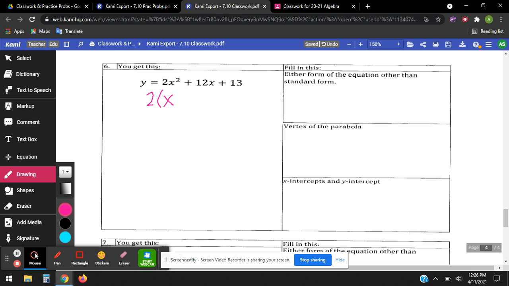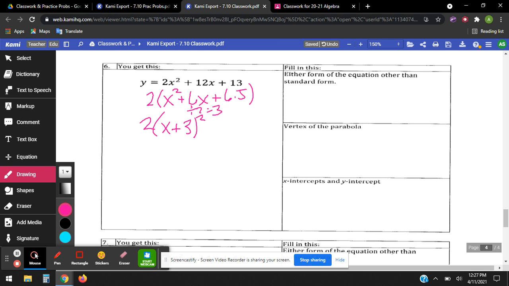2 parentheses, x squared plus 6x, and then I'm going to do plus half of this is 6.5. Let's just see what happens. I'm going to keep the 2 in front. Half of 6 is 3. So I know I'm going to have an x minus 3 squared, or plus. Which one do I think it is? Minus.